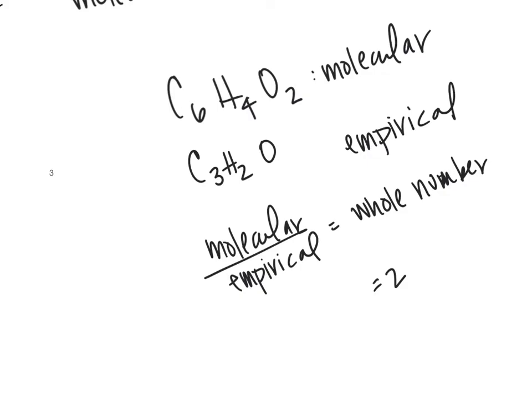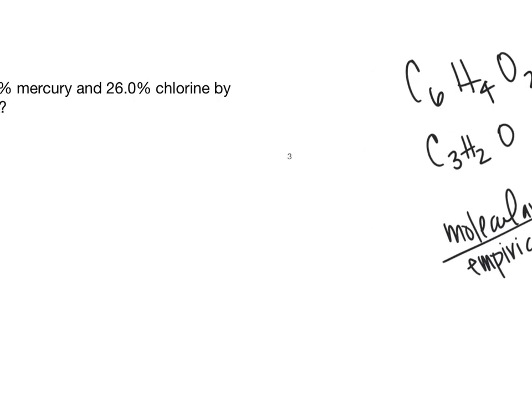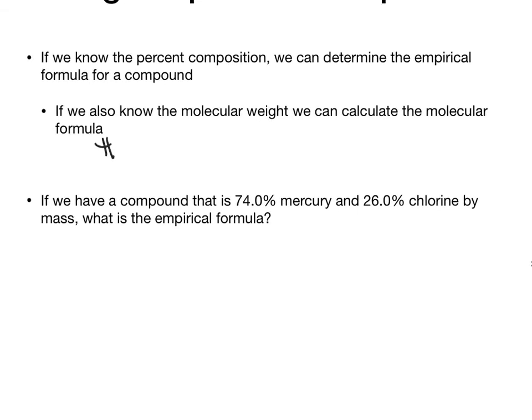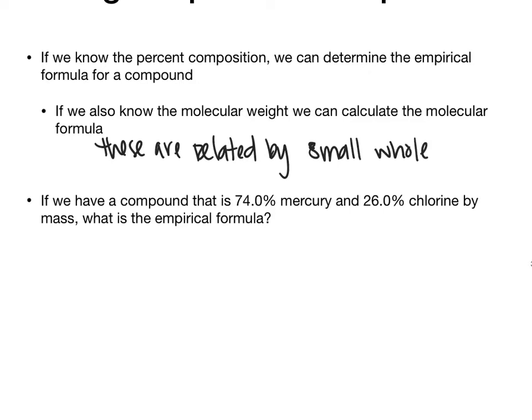We're going to do a couple examples. So these are related by usually small, but not always, whole numbers. So we aren't going to do that in this first example, but we're going to calculate the empirical formula.